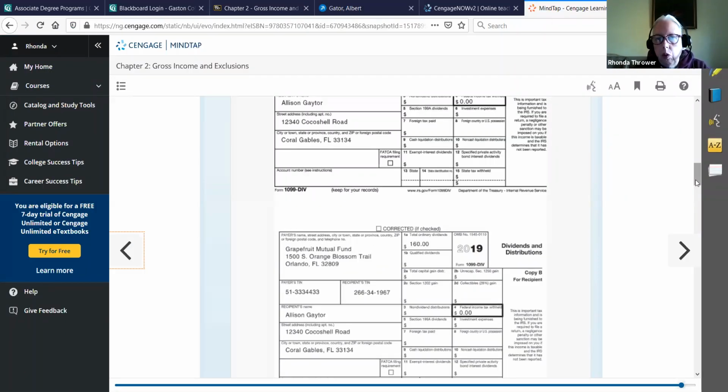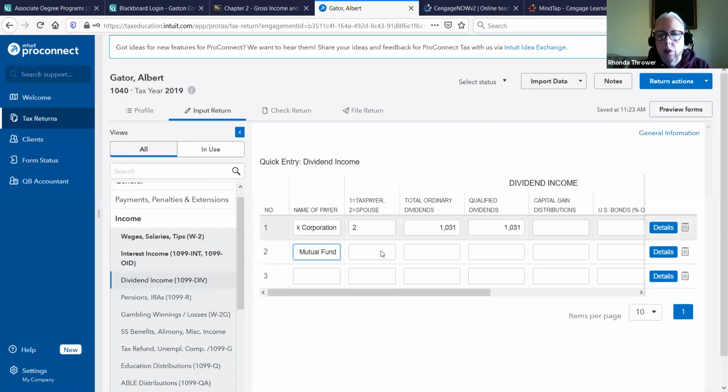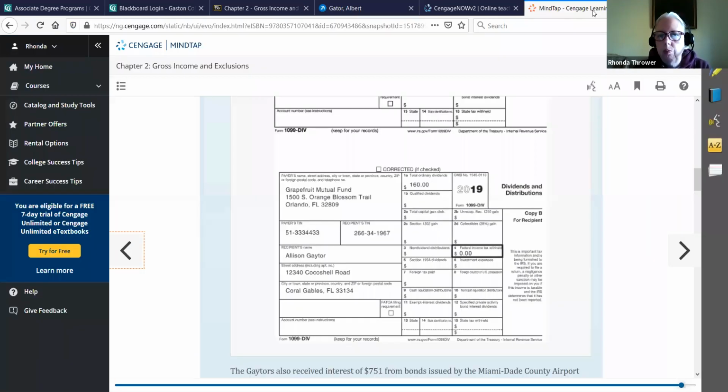And this mutual fund for Grapefruit is an ordinary dividend, and it went to Allison Gator. So we're going to select 2 here. And we make sure you're in the ordinary dividend column. The amount is $160.